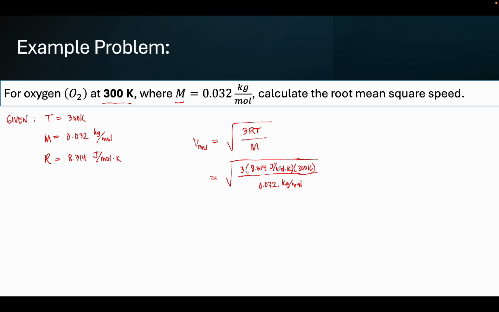So 1 over mole and Kelvin cancel out, and the unit we are left with is joules per kilogram.